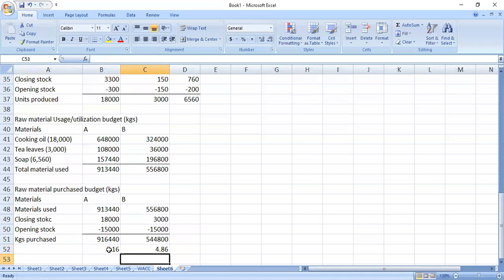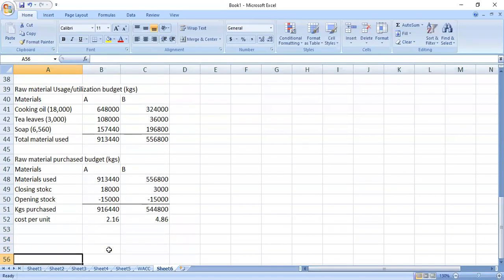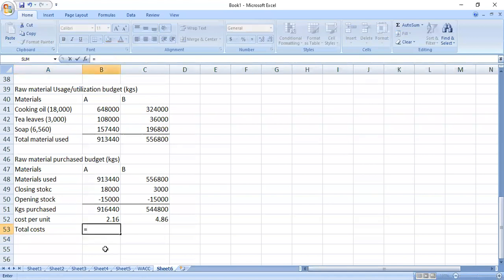These were the cost per unit. Therefore, the total cost incurred in buying all these is what we bought times the price of each. That will be your answer.